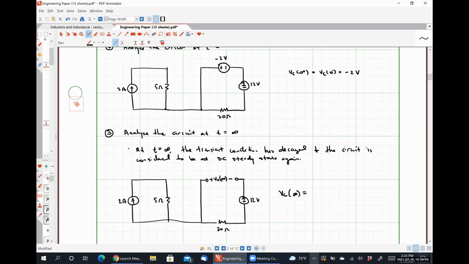That is closer, but still incorrect. -12 volts. Why did you say that, Sarah? Because it goes into the negative end. I actually don't like that response.